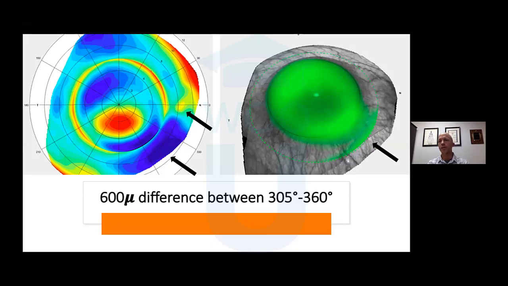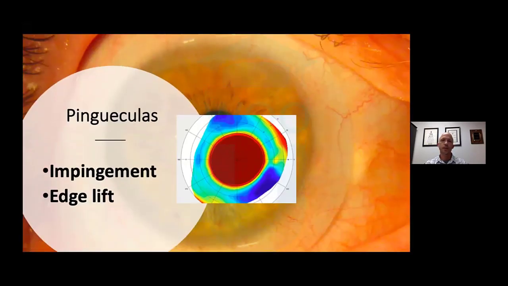And when we have edge lift, this certainly can be an entrance port for bubbles and debris. This is his map in the very center, and this yellow area correlates very well with this nasal pinguecula.